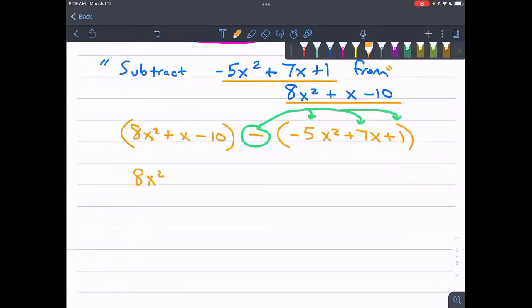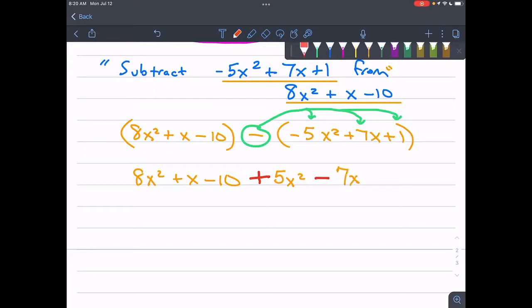So nothing happens to this first parentheses. But then from there, we're doing all our subtraction. If you subtract -5x squared, what's that sign? Yeah, it's going to be positive 5x squared. If you subtract 7x, negative.